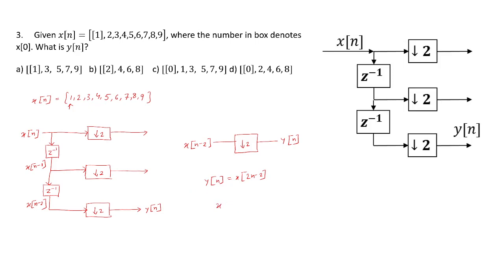So first write down x of n again. This denotes the 0th index. Now let us write down the shifted version, x of n minus 2. Delay by 2 units corresponds to moving the sequence to the right hand side.